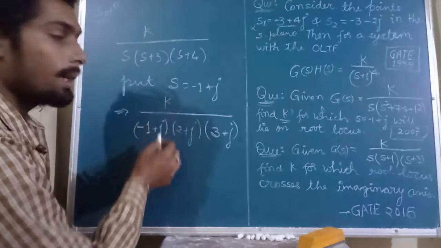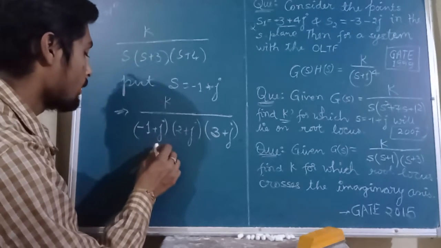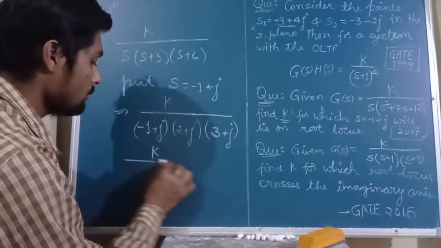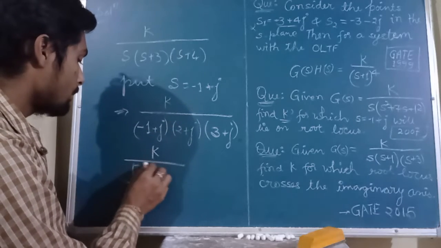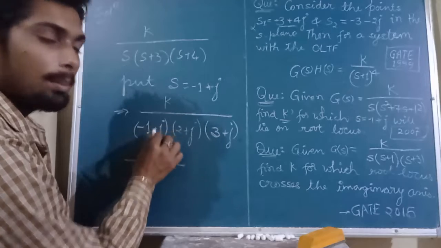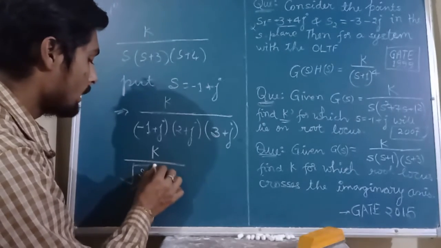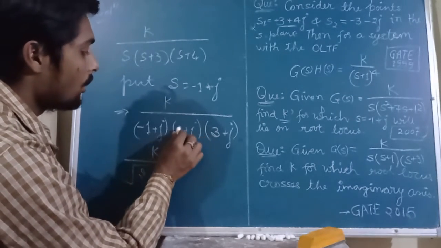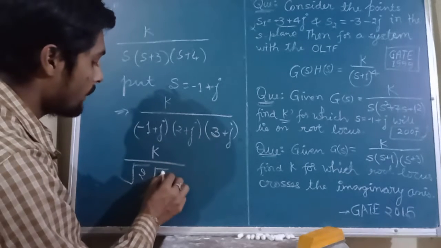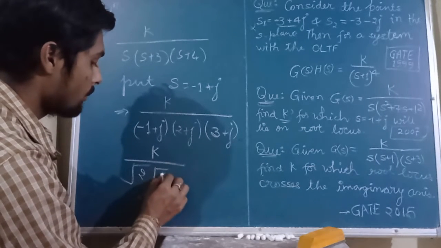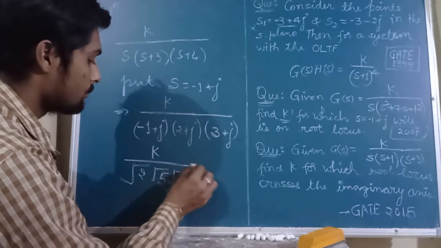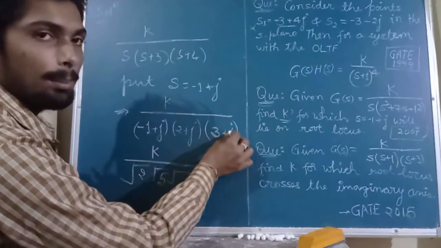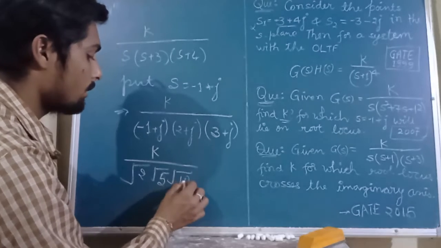Now calculate its magnitude. What will we get? K upon its magnitude, under root 1 square plus 1 square, that is 2, and its magnitude 2 square plus 1 square, that is 5, and the last one, 3 square plus 1 square, that is root 10.